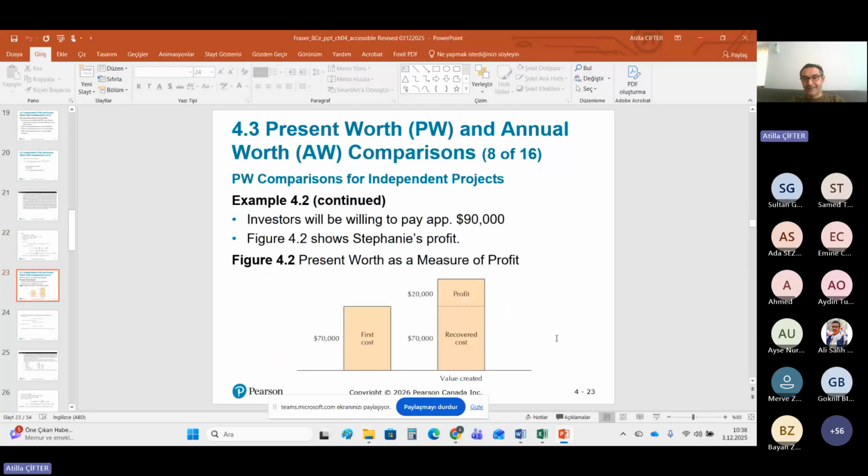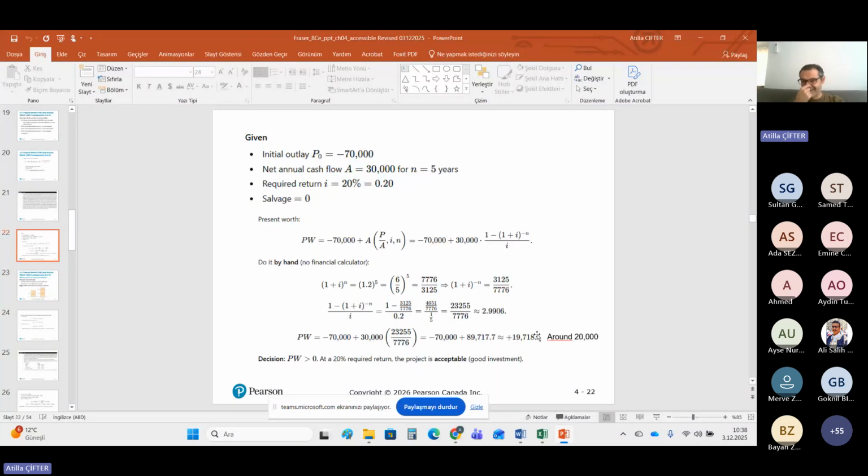Normally you invest $70,000. What about the firm value? Now it's equal to $90,000, and $20,000 comes from the present worth, as you can see. With the initial investment, you just have $20,000.